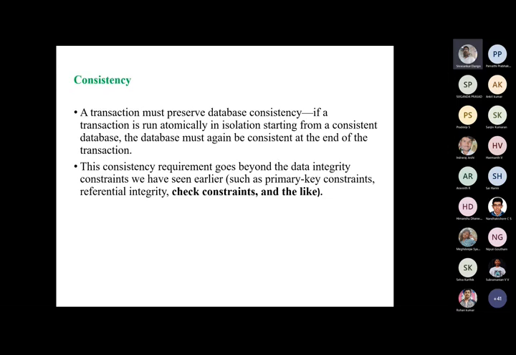Next, we'll study the property of consistency. So a transaction must preserve the database consistency, right? So if a transaction runs atomically in isolation, starting from a consistent database, the database must be consistent at the end of the transaction, right?